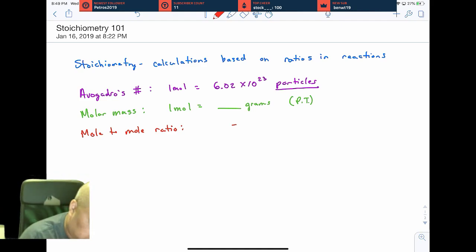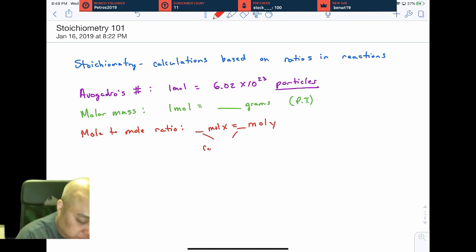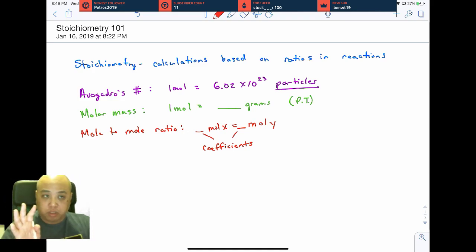And so the mole to mole ratio is essentially the moles of X is equivalent to the moles of Y in a reaction. And these values come from the coefficients. Okay? And so those numbers come from the coefficients of the reaction. And that tells you how much something reacts to form something else in the reaction.